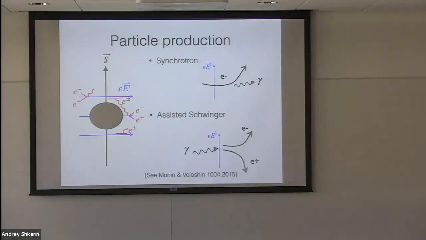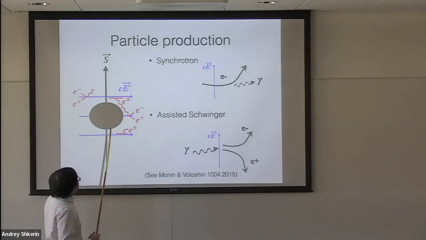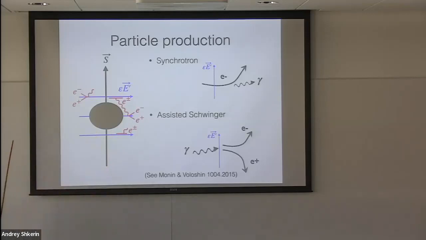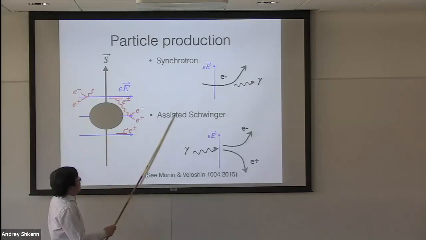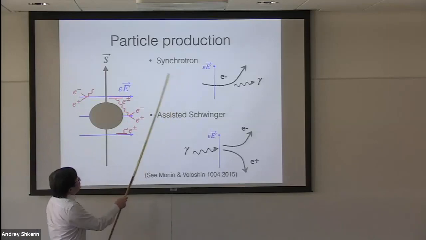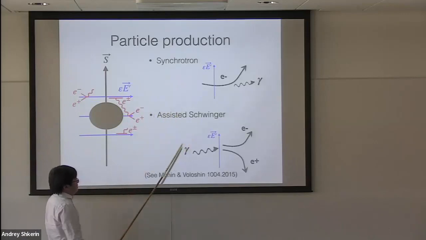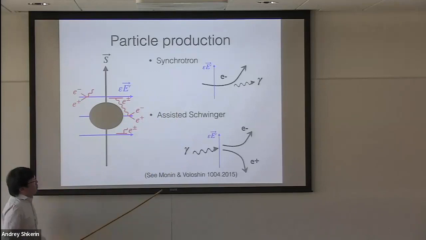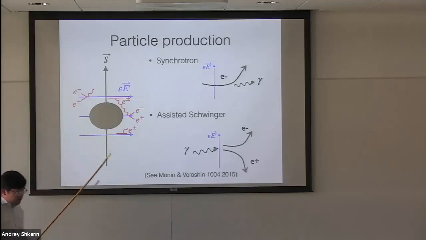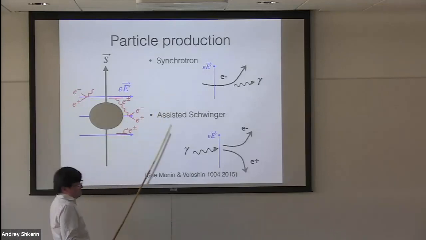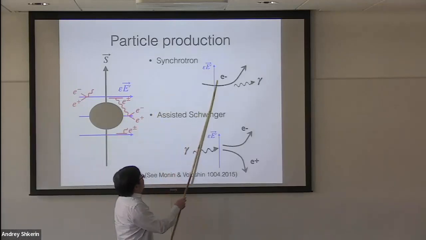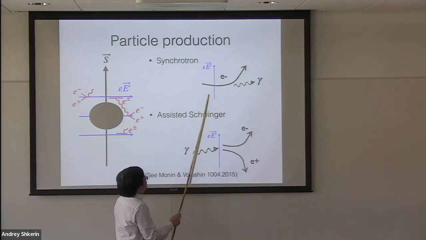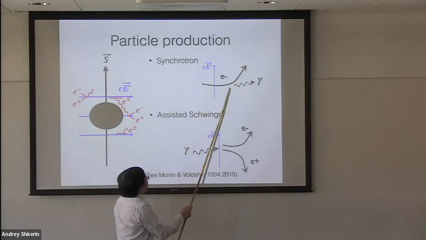There are many processes that lead to pair production. The most important one is the combination of synchrotron radiation and assisted pair production. What happens is this charged particle, even if you just have one charged electron that exists in the universe and goes into the superradiance cloud, will get accelerated, and it will encounter fields which are rotating, somewhere perpendicular to its direction of motion.